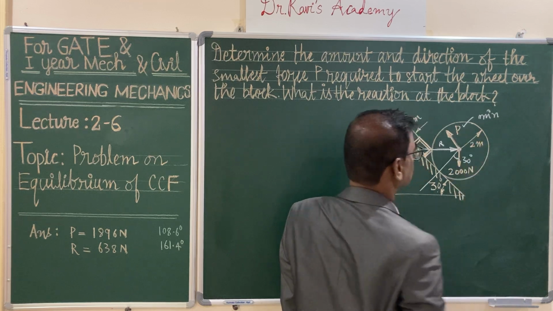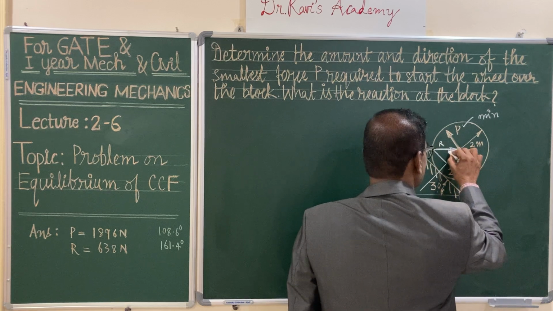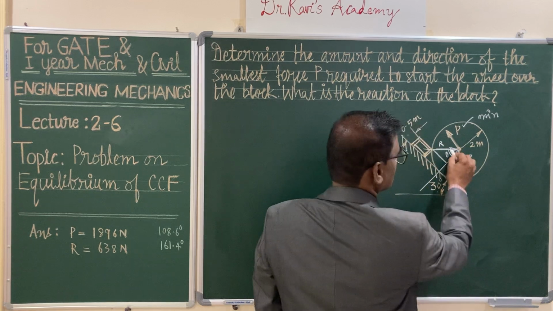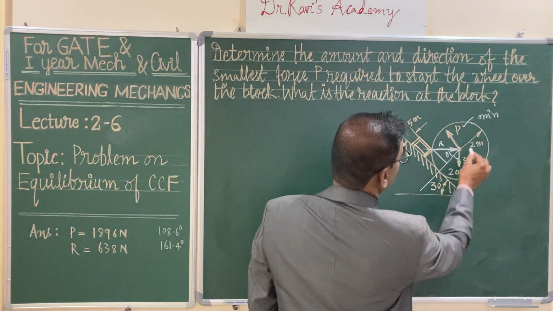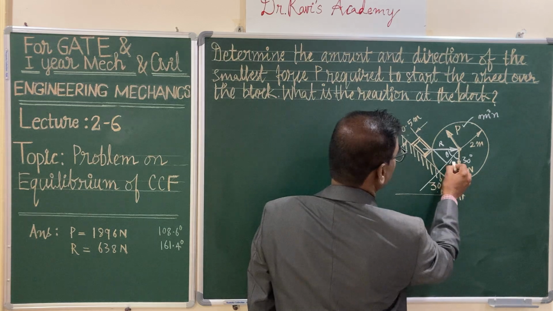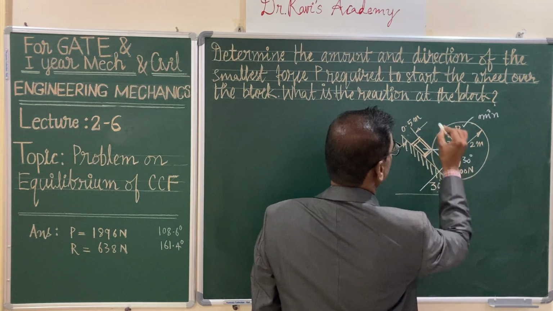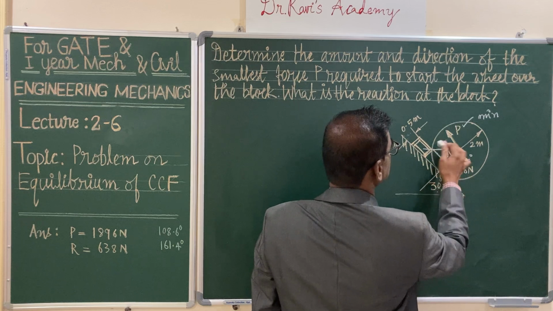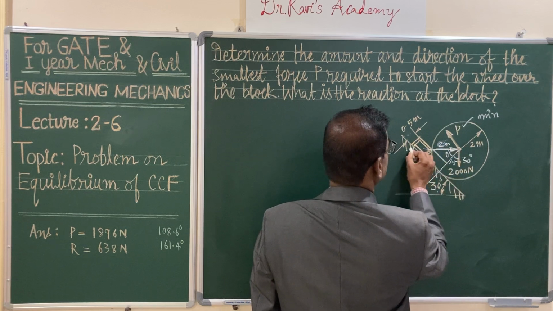And of course, you can calculate the theta value, because this height is 2, total is 2 minus 0.5, this is 1.5, and this is radius, that is 2 meters. So this is reaction R.